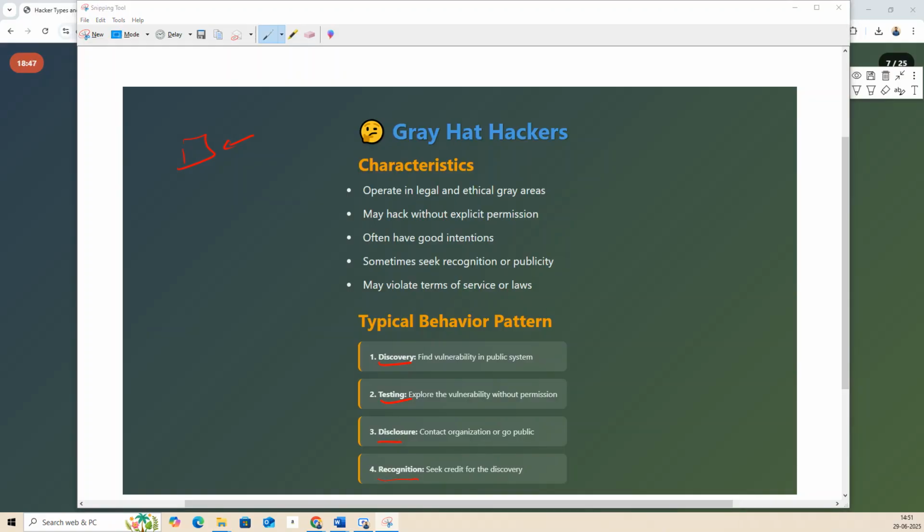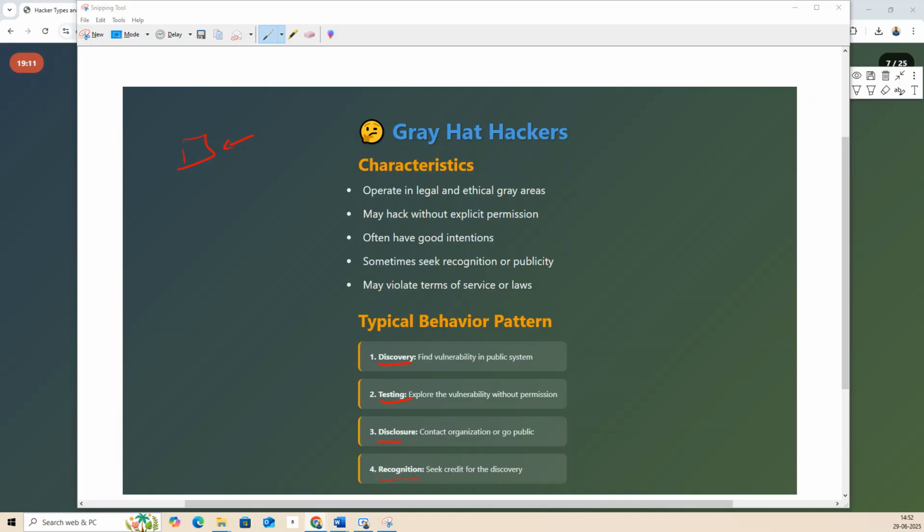The challenge with gray hat hackers is that their actions, while well intentioned, can still be illegal. Unauthorized access to computer systems is a crime in most jurisdictions, regardless of intent. Even if they are trying to help, they are still breaking the law.